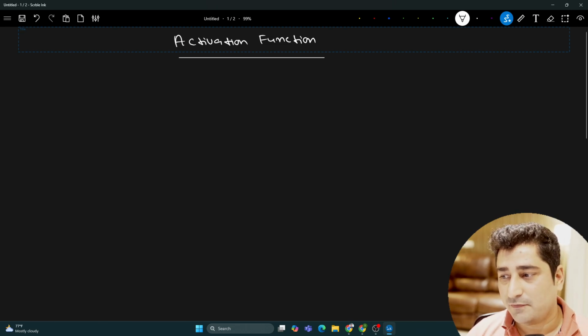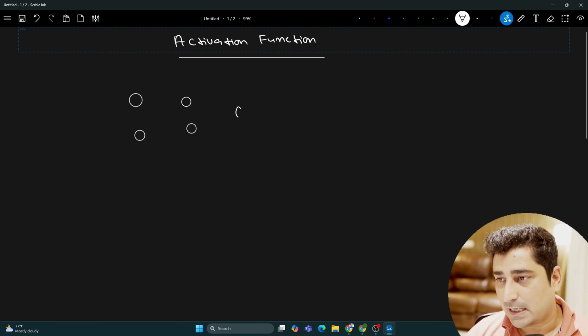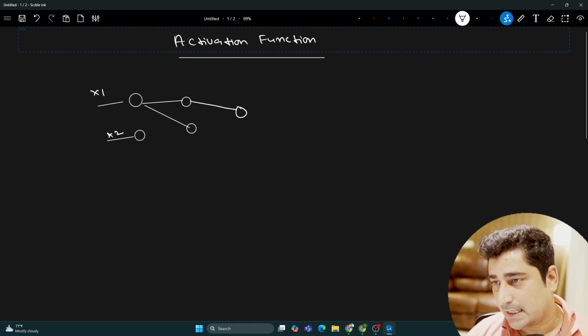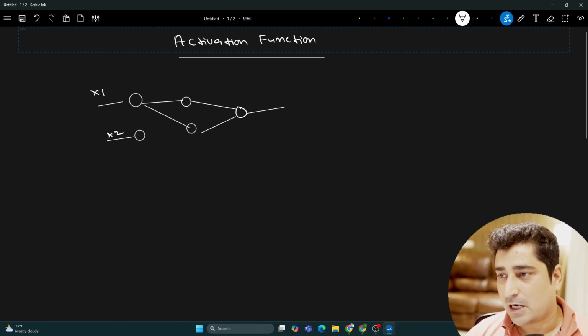For example, let me draw a simple basic neural network. Here we have an input, let's suppose x1 and x2, going into a hidden layer, and then into the output layer.